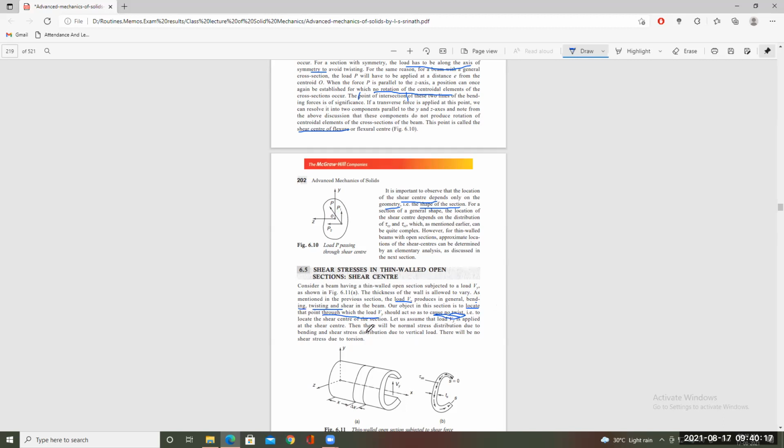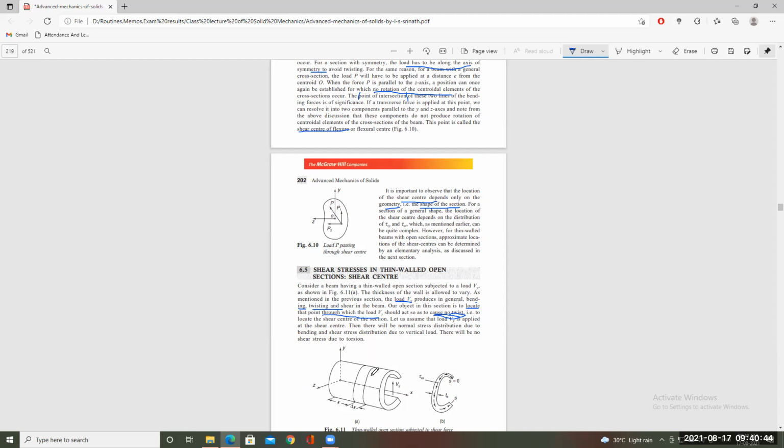Then there will be a normal stress distribution due to bending and a shear stress distribution due to the vertical load. So, due to bending, as it is being bent in one concave way, the longitudinal force, or stress parallel to the axis x, will be created, and shear stress is also created due to the vertical load itself.